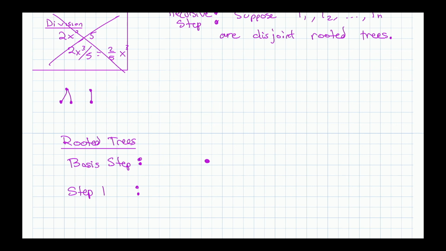But what you don't want is for you to say this right here is your T1, and then somehow you have your T2 that's actually part of T1. You would not want that. You would want the case where the trees are completely separate. So that's all disjoint means: separate.